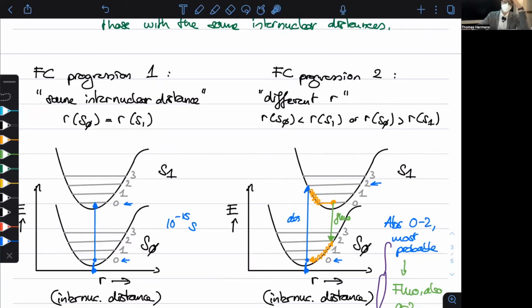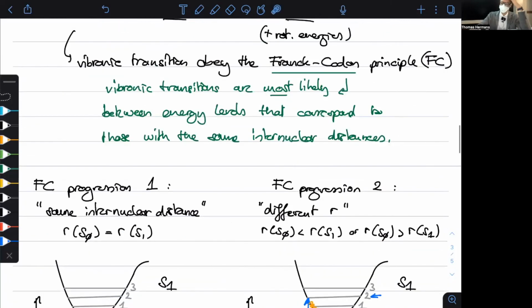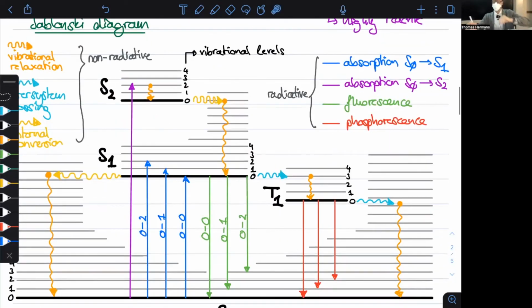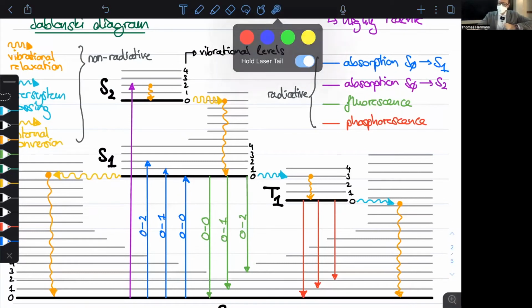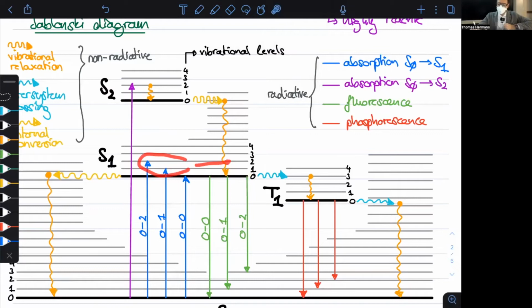Okay, so one other thing which is kind of interesting. Again, we go to Jablonski. This means that when you look at the emission spectrum, it doesn't really matter which level you absorb to, right? Because they quickly, by vibrational relaxation, go to the lowest vibrational level. So it doesn't matter, like you saw in the experiment, I switched between two lamps, but the color of the light it emits is the same.